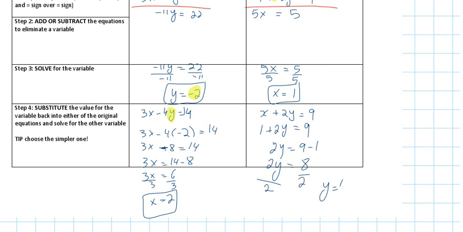So in this case, I found both my answers that I need. So I have the point where x equals 1, and y equals 4. And then you're going to have to check your work by plugging in the x and the y into each equation and find if the left side is equal to the right side.